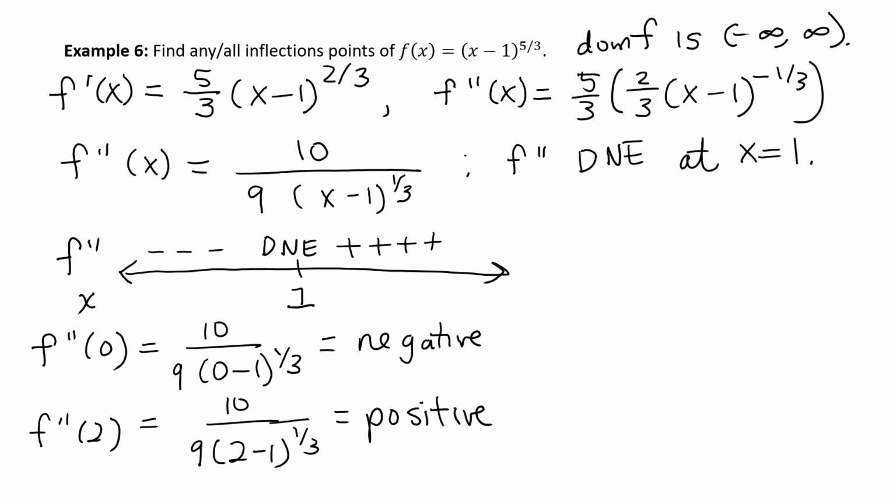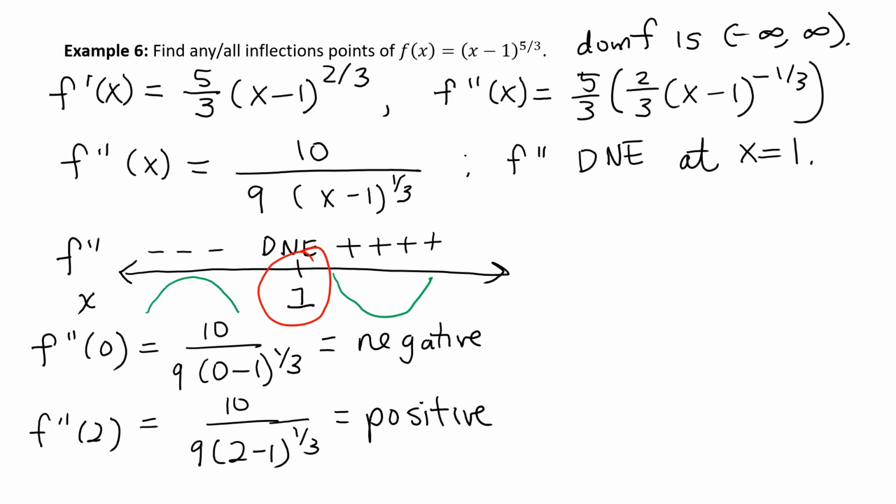Where the second derivative is negative, the graph of the function is concave down. Where the second derivative is positive, the graph of the function is concave up. So we have a point shown to us in the second derivative where concavity changes directions. Concavity changes directions at x equals 1.